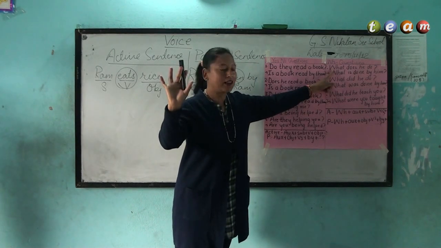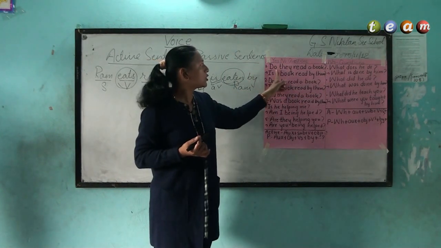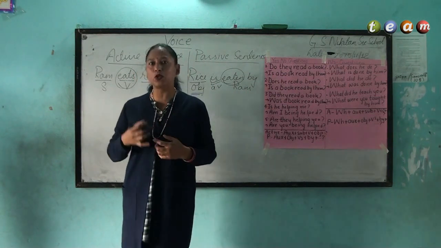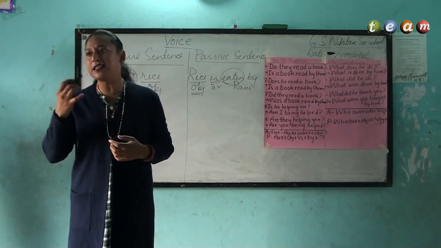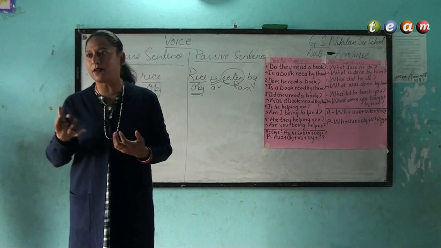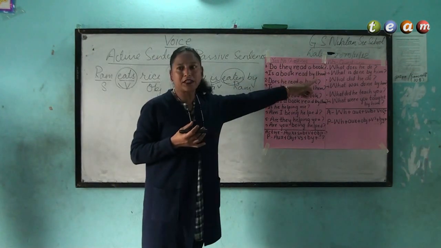So when the question starts with an auxiliary verb, how can we change it into passive voice? A simple sentence can easily be changed into passive voice, but there comes a little bit of confusion for the students.